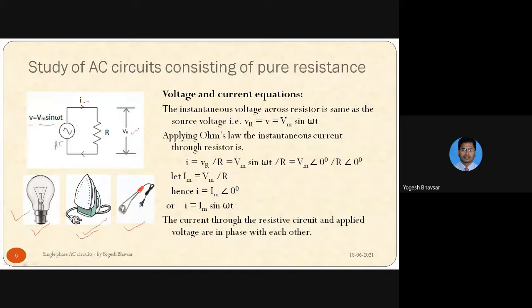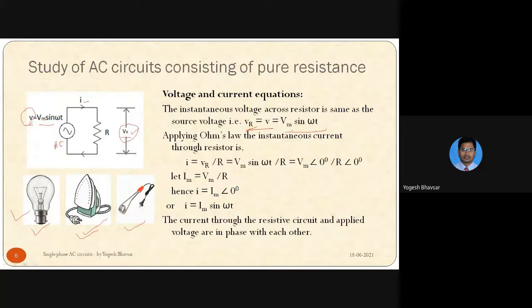All the voltage produced by this AC source will be supplied to this resistance. So VR is equal to v, which is equal to Vm sin omega t.